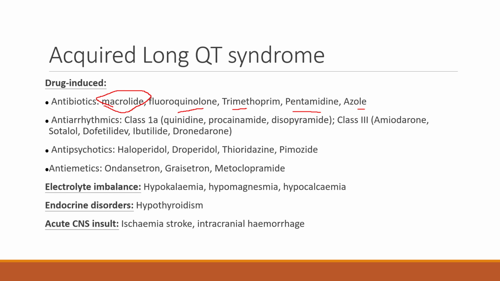And then, even though some antiarrhythmic drugs are antiarrhythmic as the name says, they can still be proarrhythmic and also cause long QT syndrome. So you have to be aware of class 1A and class 3 drugs.